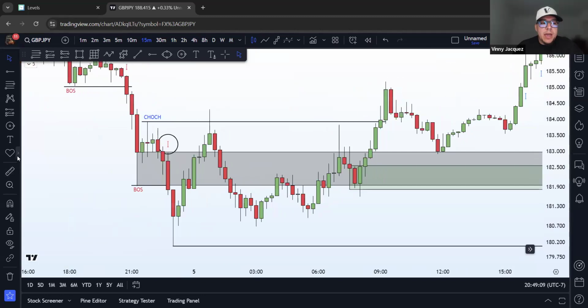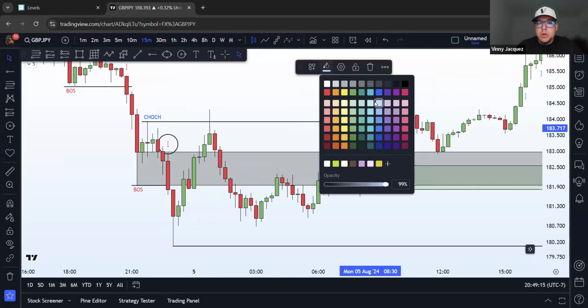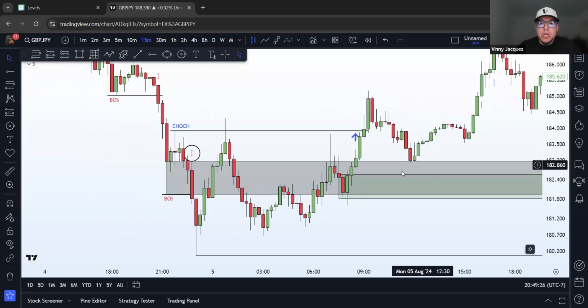Now we should have a blue arrow right here to give us that confirmation, right? We look for the bearish, gives us that 50%. We get that change of character, gives me that 75%. Boom. Now we're looking for this right shoulder.